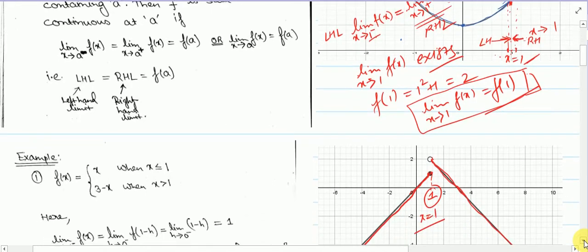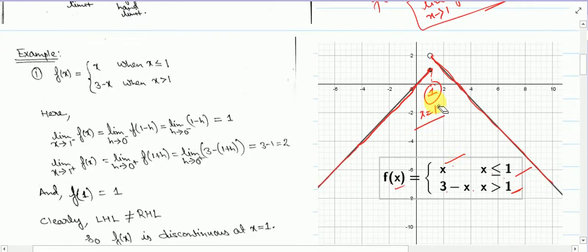But if you see in this case, where it was discontinuous, I want to see whether this function is continuous at x equal to 1 or not. So what I will do, x equal to 1 is here.